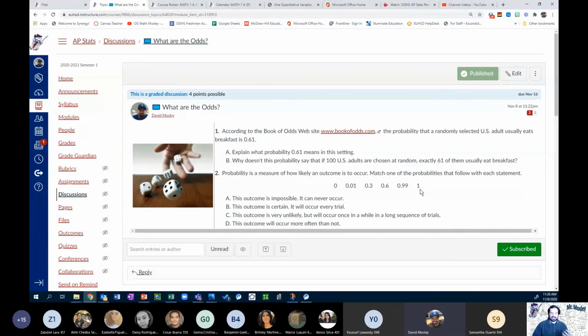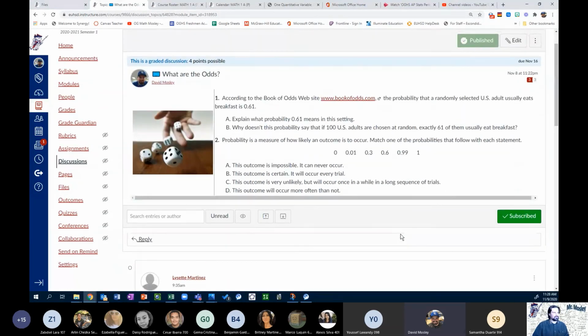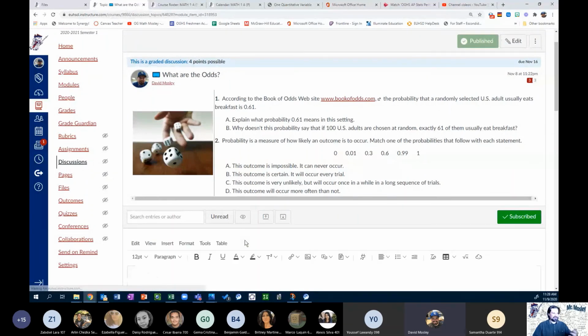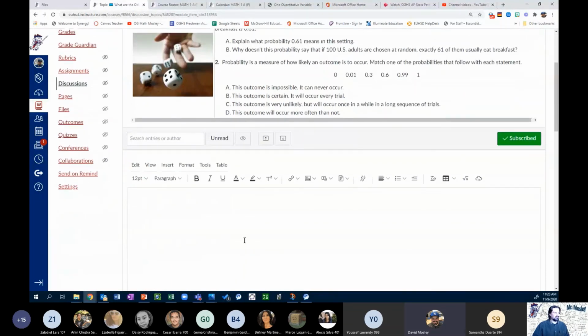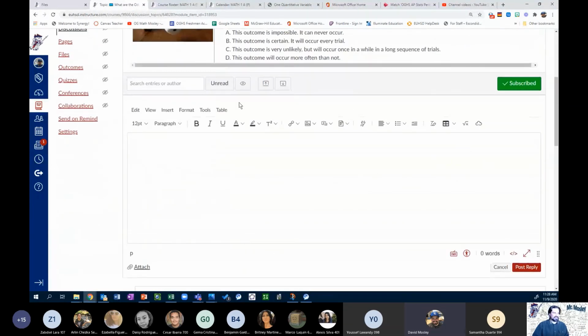Depending on the text editor that you have enabled within Canvas, the way to do that is different. All right. I'm going to use this to demonstrate. Some of you have this text editor enabled. It is the Enhanced Rich Content Editor, which makes embedding and inserting pictures much easier. So this is actually what I would recommend to use as the text editor.